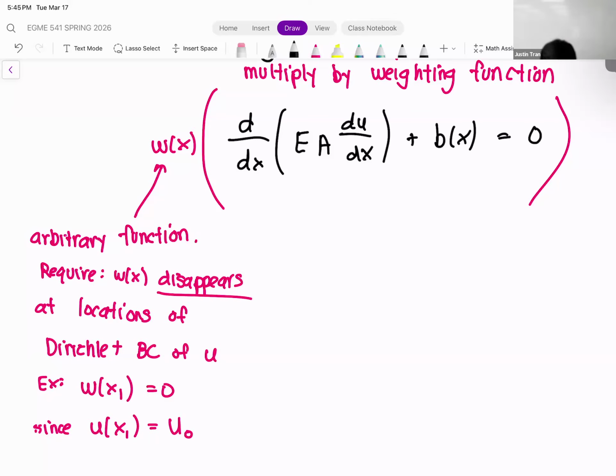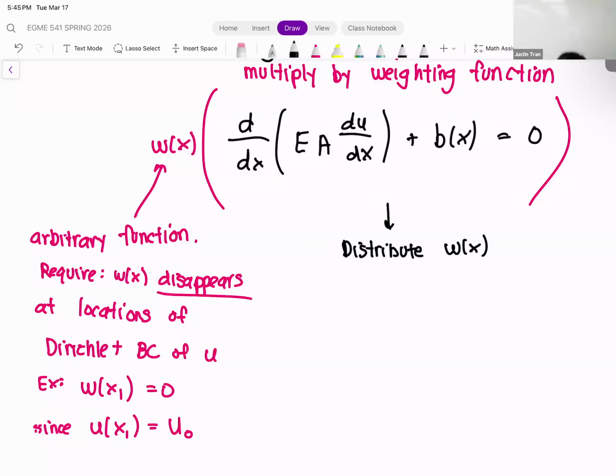Okay. And so the next step, which is kind of where a lot of the magic happens, is we're going to take this expression. Well, first of all, we can distribute w throughout the whole thing. Okay. Let's do that first, actually. So let's distribute w of x. There's only two terms here. So we have the derivative term and we have the source term.